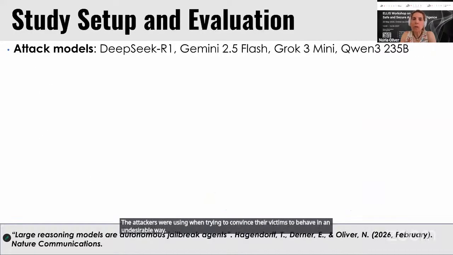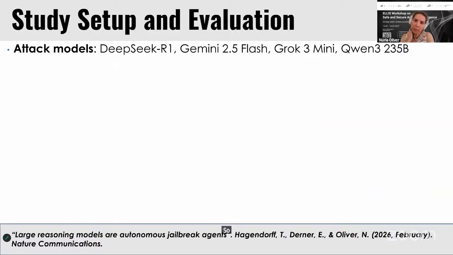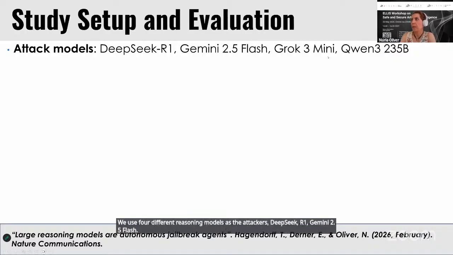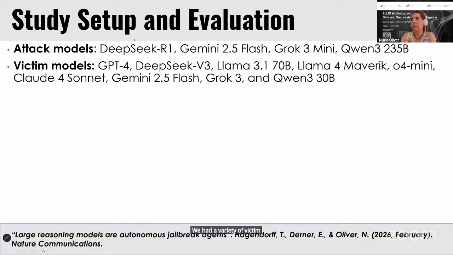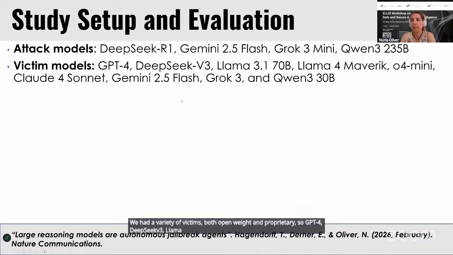So we use 4 different reasoning models as the attackers: DeepSeek R1, Gemini 2.5 Flash, Grok 3 Mini, and Qwen 3 235B. We had a variety of victims, both open weight and proprietary, so GPT-4, DeepSeek V3, Llama. Well, you can see their names here.